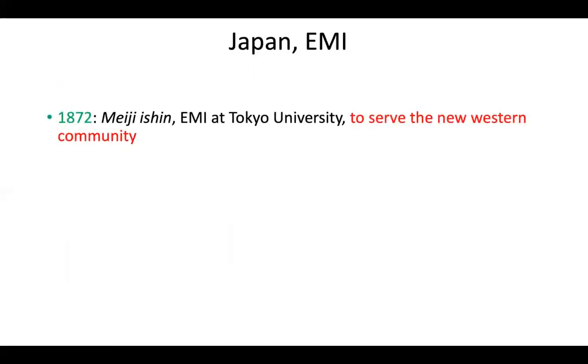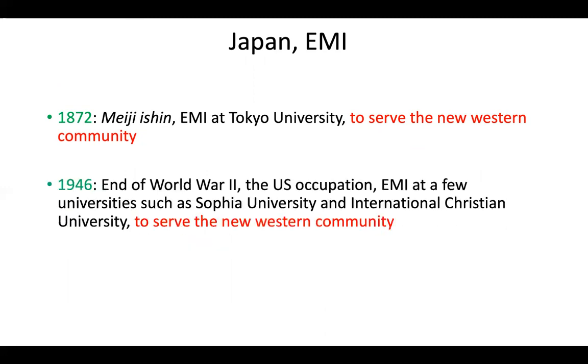In the case of Japan, EMI started very early at Tokyo University or Kaisei University, the previous name of that, after the Meiji Restoration or Meiji Ishin. It was firstly to serve the new Western community that came to Japan due to Japan's modernization.